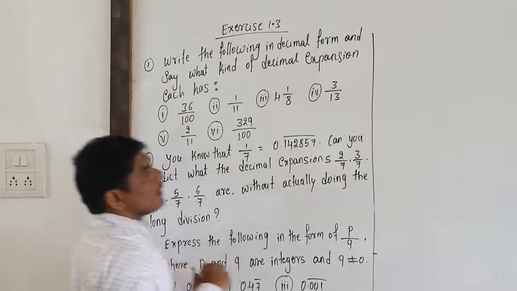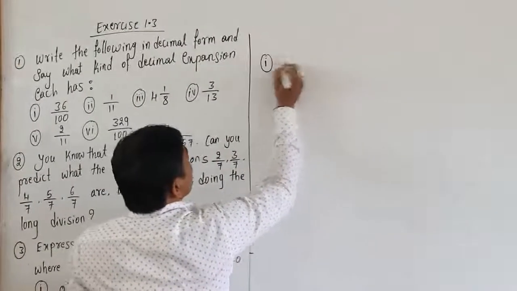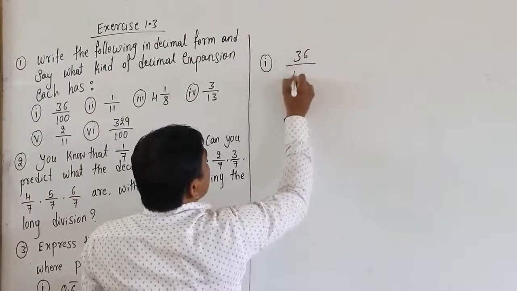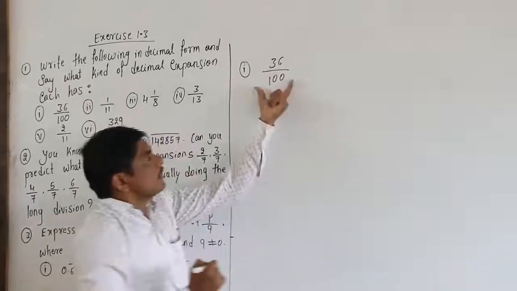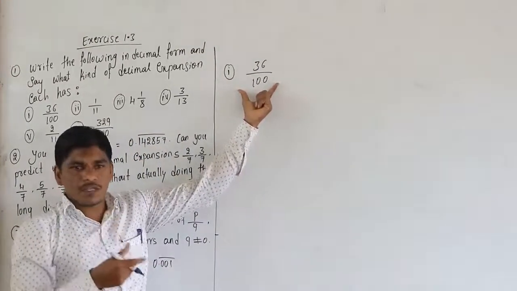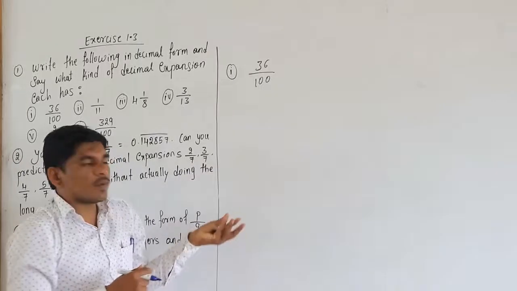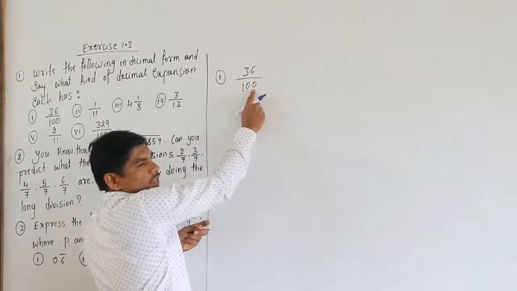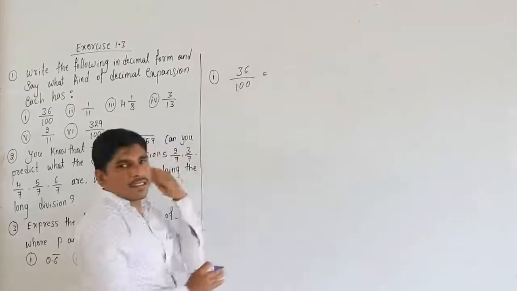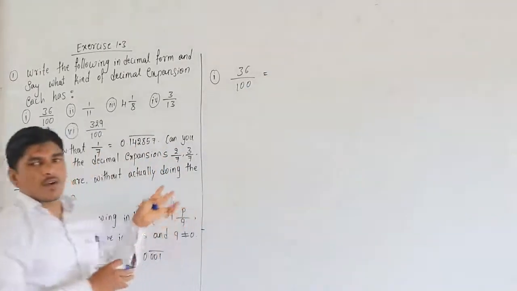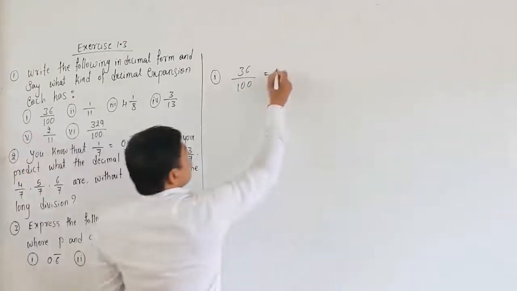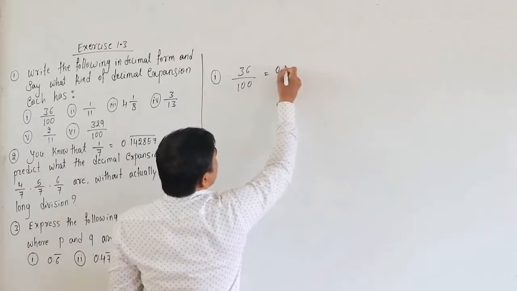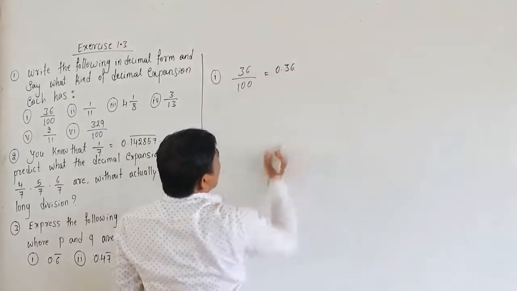Here, the first one is 36 divided by 100. Now this is in the form of p by q. You have to convert it into a decimal expansion. How? See here, the denominator has 2 zeros. You already studied in 7th standard rational form to decimal form. Now this decimal form is 0.36.